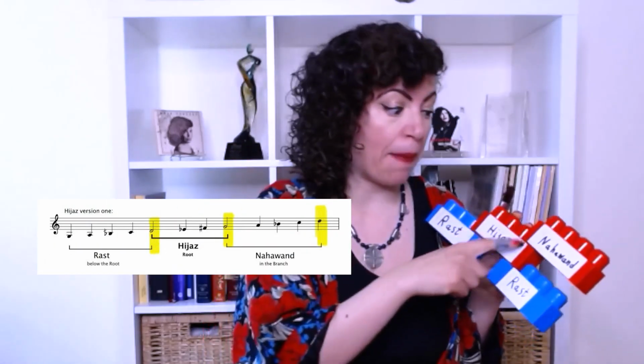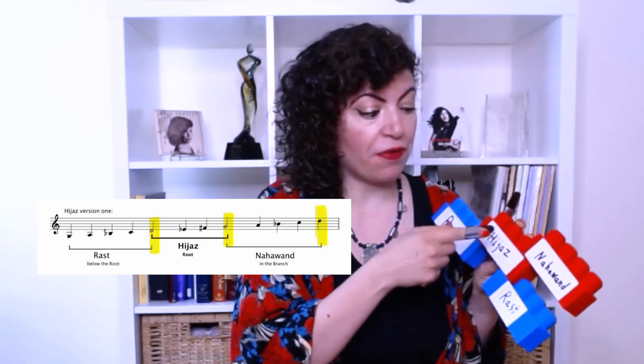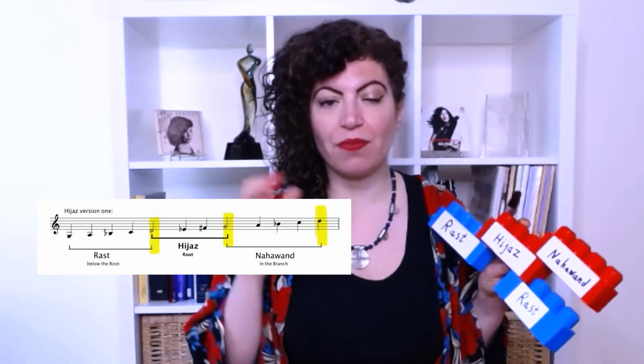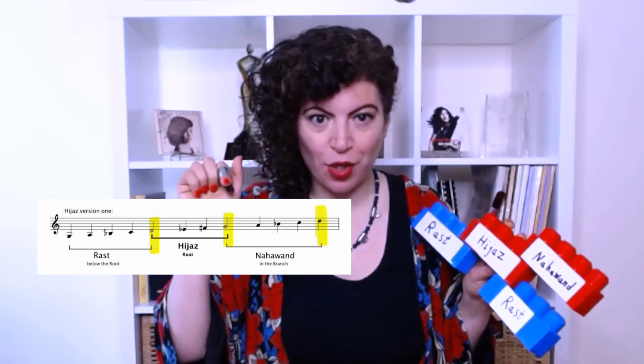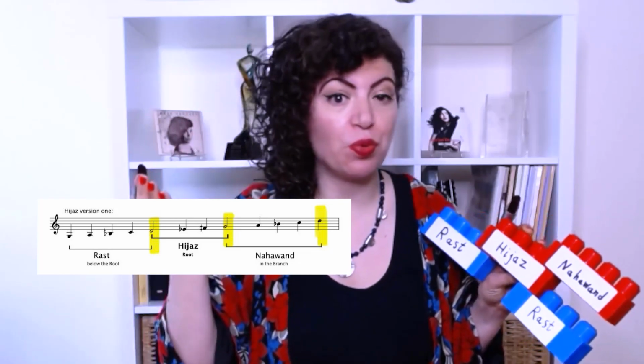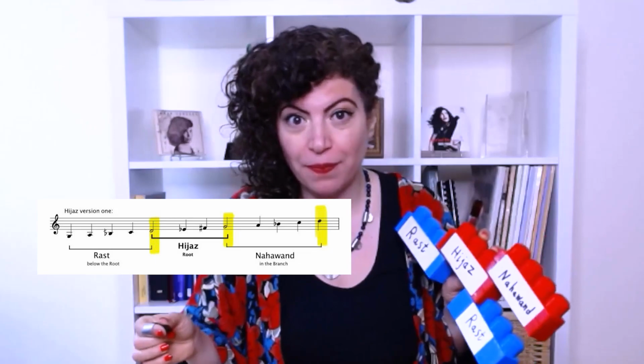The second very important note is the ghammaz, which is the last note of the Hijaz building block. Ghammaz translates as the note that winks. It's very important because it's the point of modulation, the point in which you switch maqam.